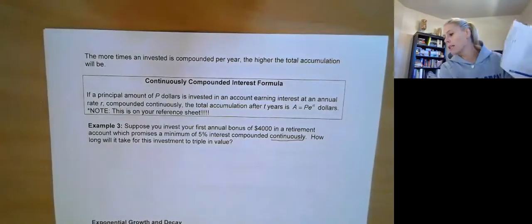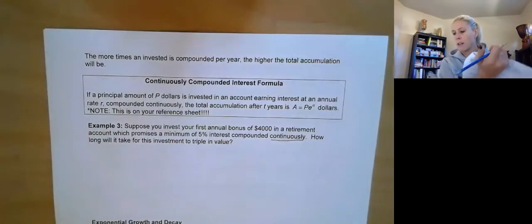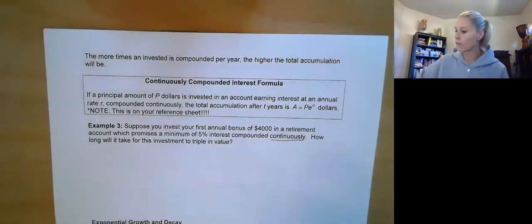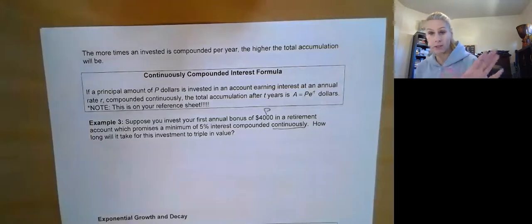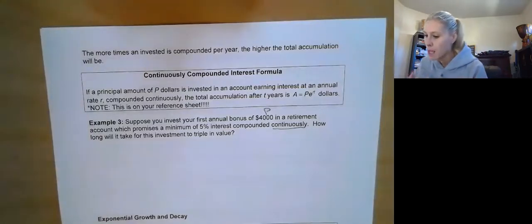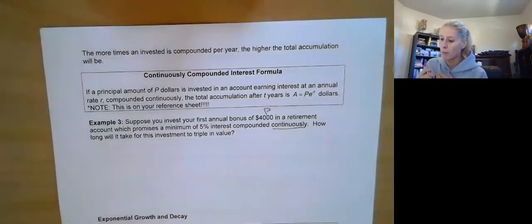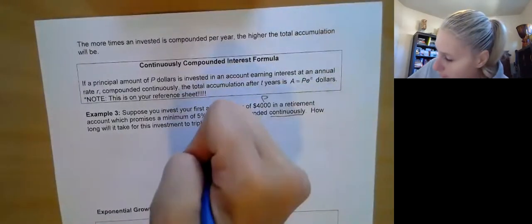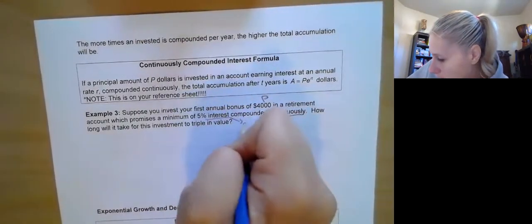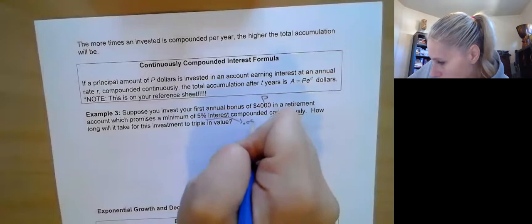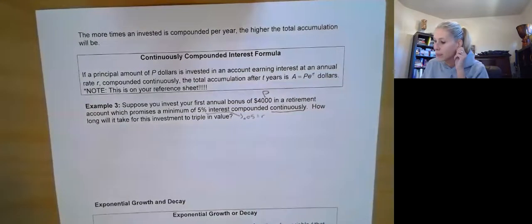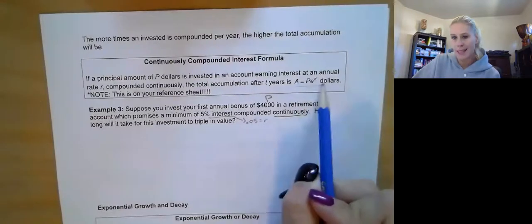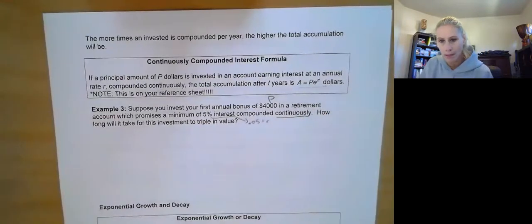Suppose you invest your first annual bonus of $4,000. So of course that would be your P, in a retirement account which promises a minimum of 5% interest. Let's remember that I'm going to change that to 0.05 for R. It's compounded continuously, so that tells me I'm using this equation, not the one we did on the other side.